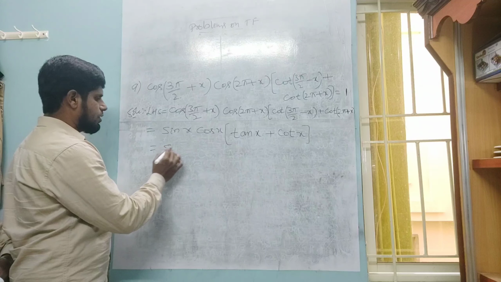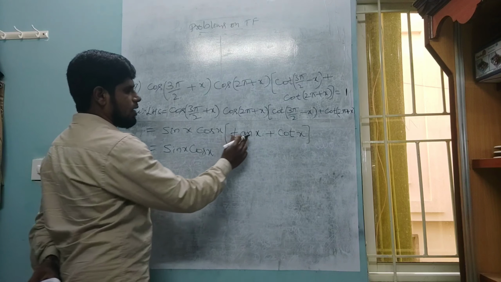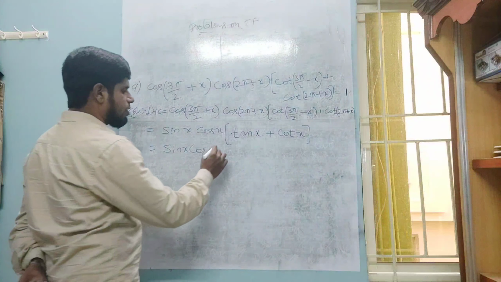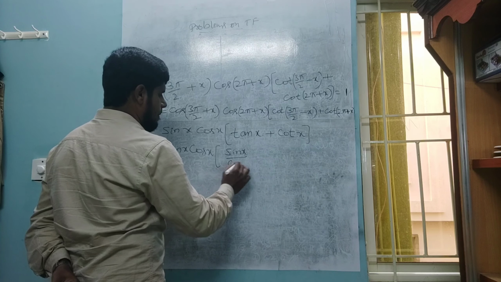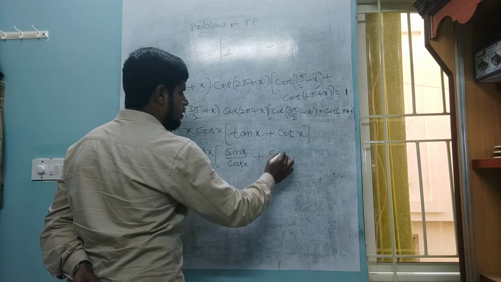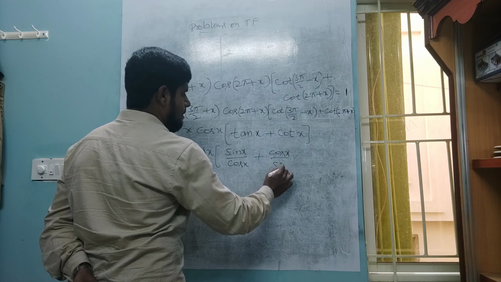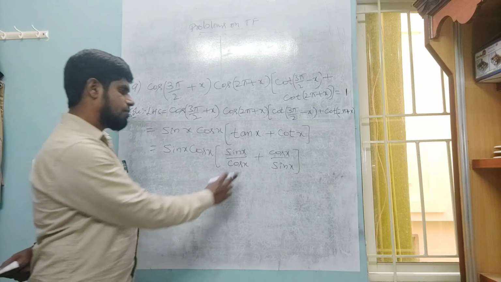Now this we cannot change: sin x into cos x as it is. Now tan can be written as sin by cos, so sin x by cos x plus cot, which can be written as cos x by sin x. Now we must take the LCM here.